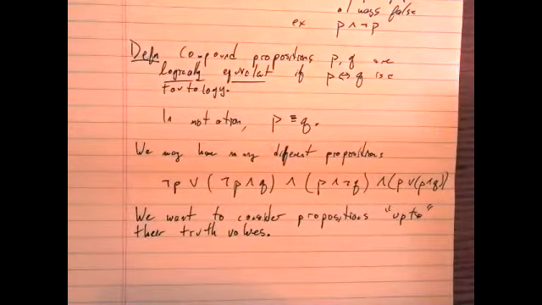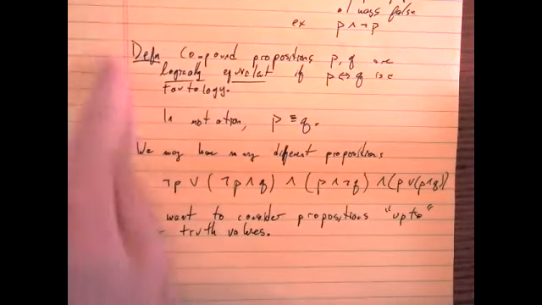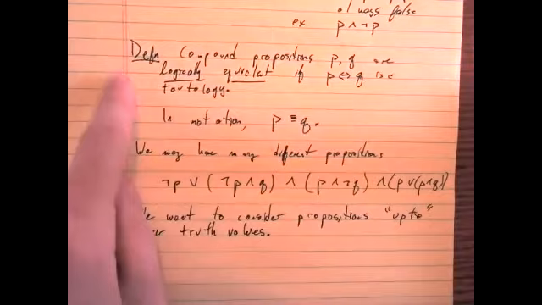Or in other words, we want to only consider propositions up to things that give the exact same truth values in every case. So you should be able to exchange two different propositions as long as they have the same truth values. And that's exactly what this definition is going for.